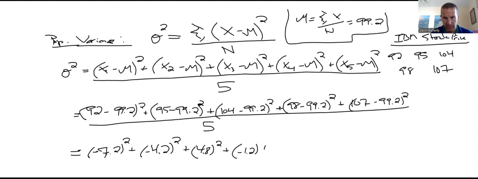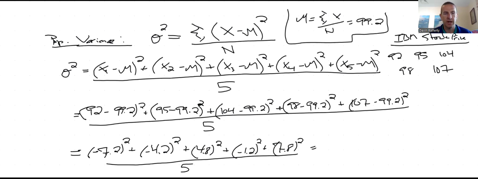Oh, almost forgot the square. Let's see, 107 minus 99.2 is 7.8, squared, divided by 5.